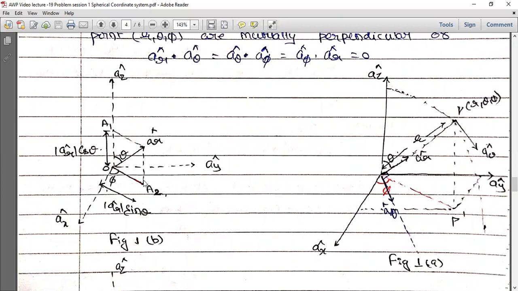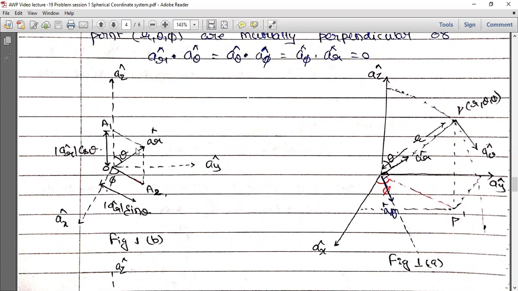You can see here the AX, AY and AZ unit vectors along the x-axis, y-axis and z-axis, and point P is somewhere in this direction. The line joining O to P is the direction of AR cap. If point P has coordinates r, theta and phi, and you keep theta and phi constant, then the increment in r will be along this direction. That's why this direction is AR cap.